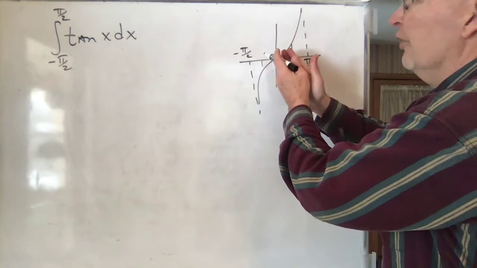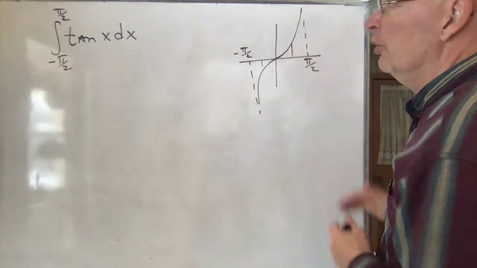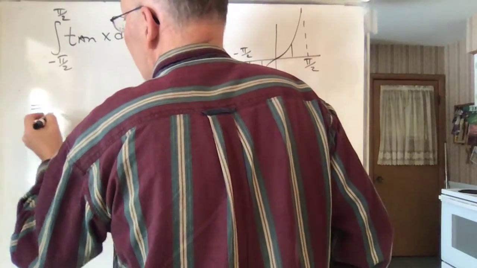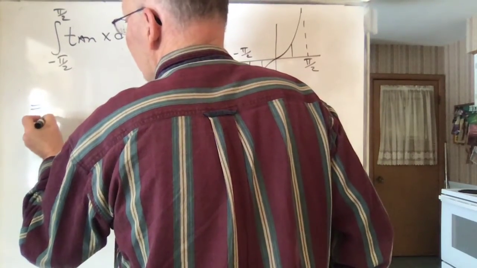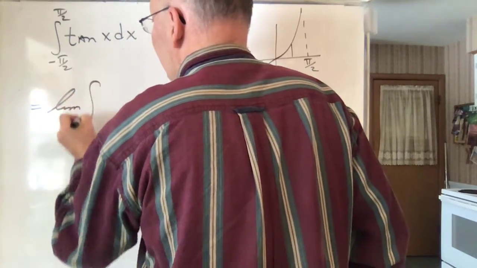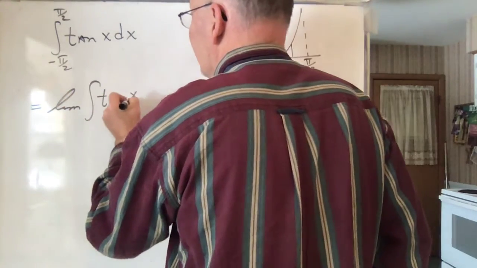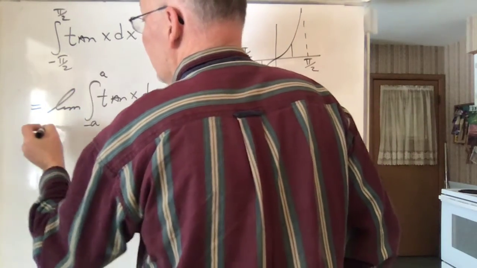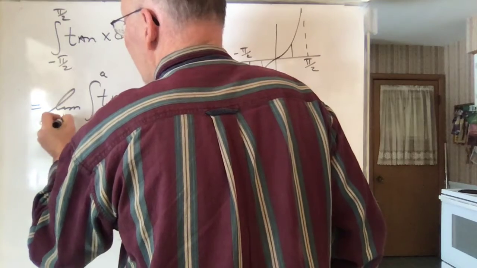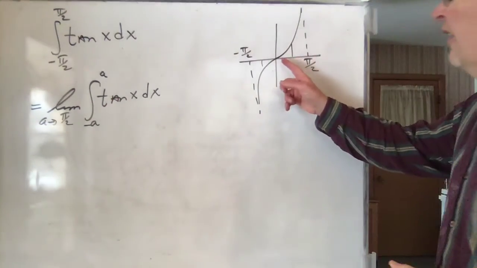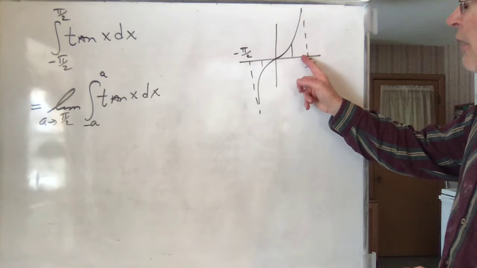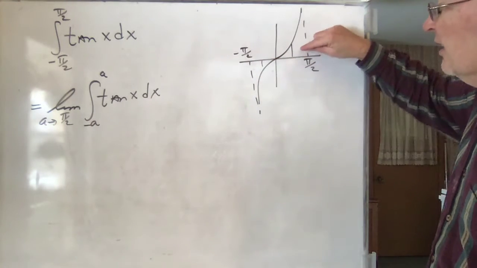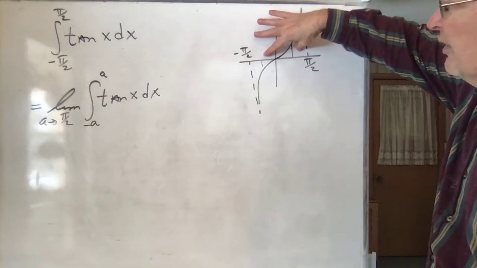So as you head out from 0 to pi over 2, if you defined it as the limit of the integral of the tangent of x dx from, let's say, negative a to a as a approaches pi over 2, so that this is always going out at exactly the same rate that that is going, then no matter what a is, you're always going to get 0 for an answer.